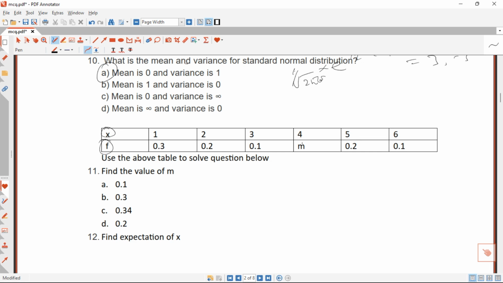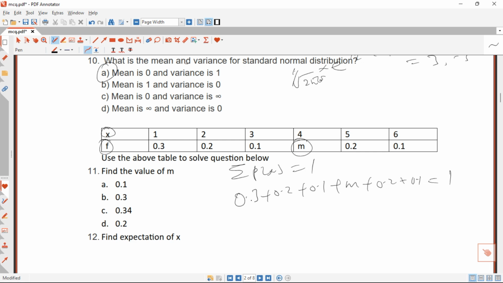We have been asked to calculate m. These are probabilities, and we learned that the summation of the probabilities is equal to 1. So when we sum everything and equate it to 1, we are going to get our m. So 0.3 plus 0.2 plus 0.1 plus m plus 0.2 plus 0.1 is equal to 1.